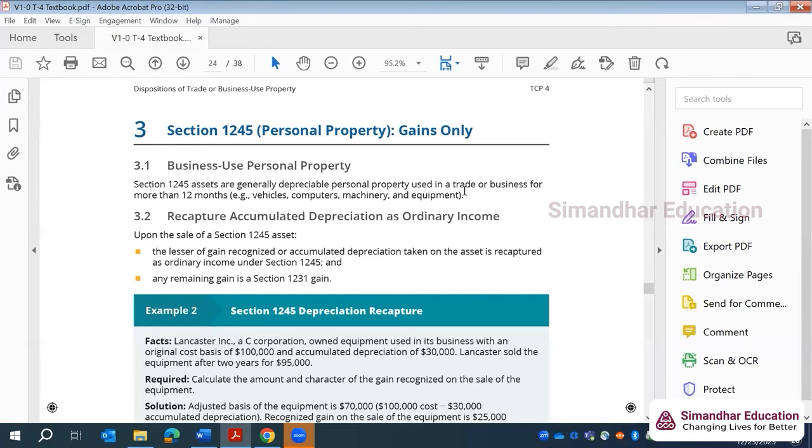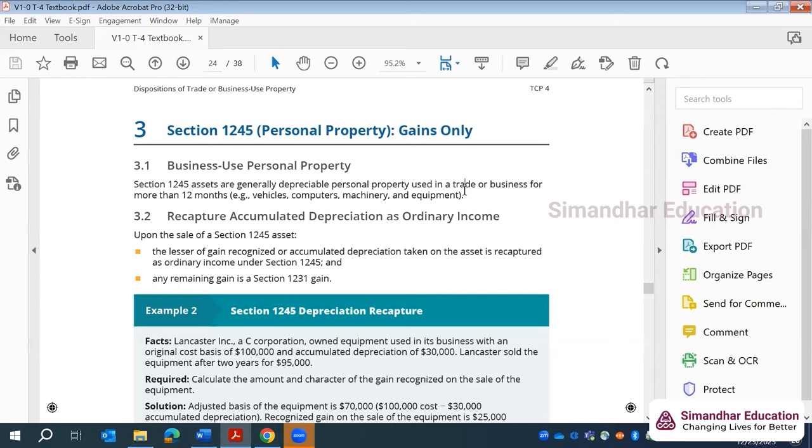So that is Section 1245 gain. That means if there is any sale of the asset which is pertaining to the accumulated depreciation, we call it recapture. You are recapturing that gain as an ordinary income under Section 1245.